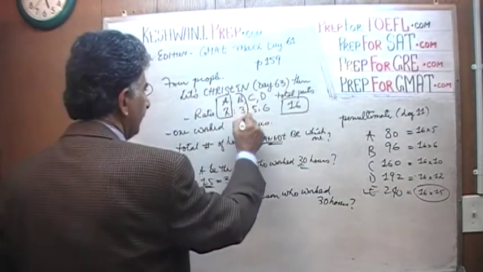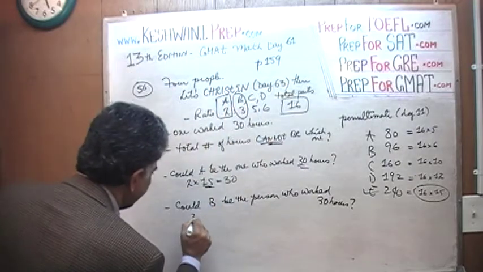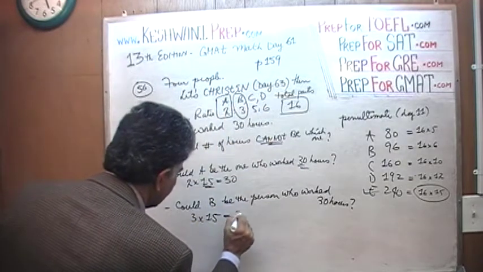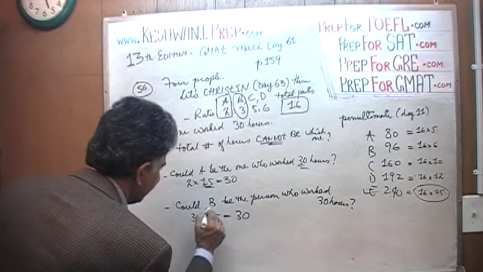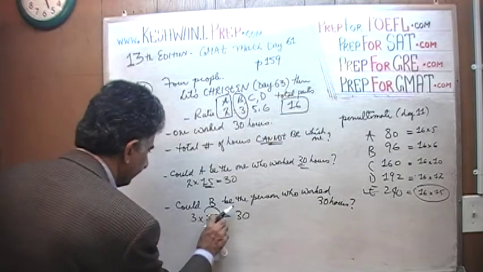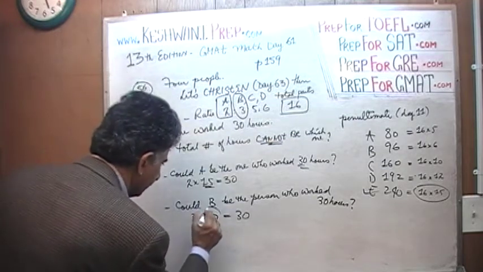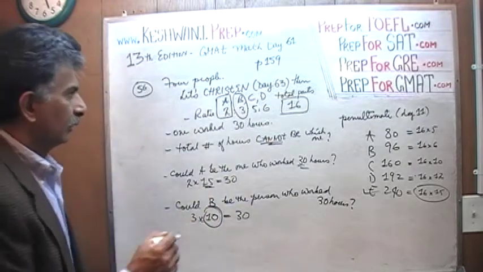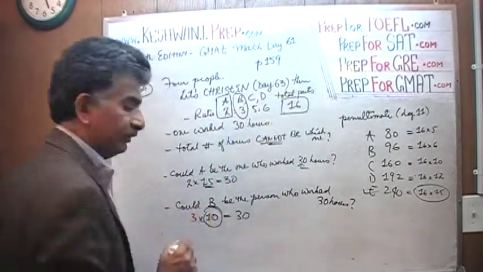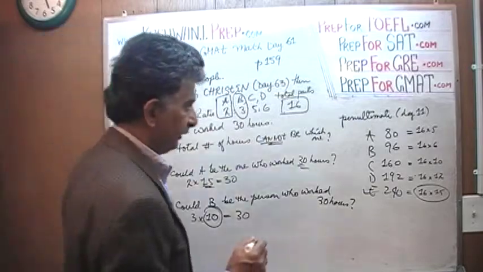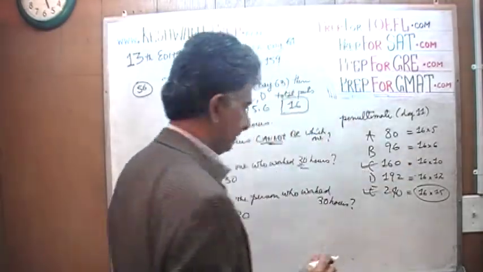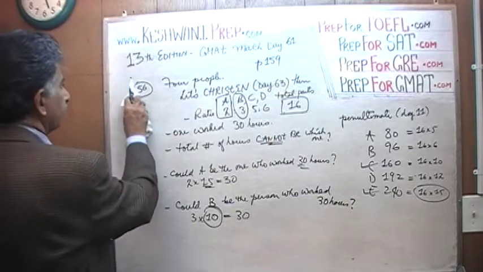B has a ratio of 3. So if that were the case, it would be 3 times 10 to get the 30, in which case we need a multiple of 10. The total part is 16. 10 times 16 is 160. 160 is a possibility. Is there 160 right here? 160 is a possibility. Let's continue here on the top.